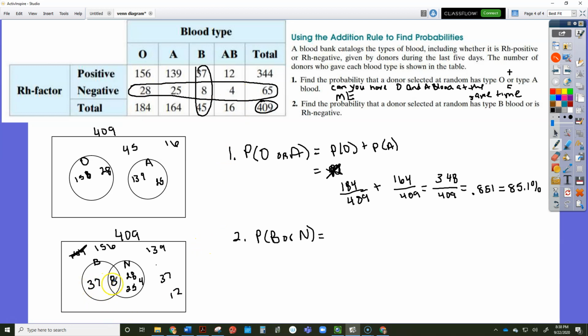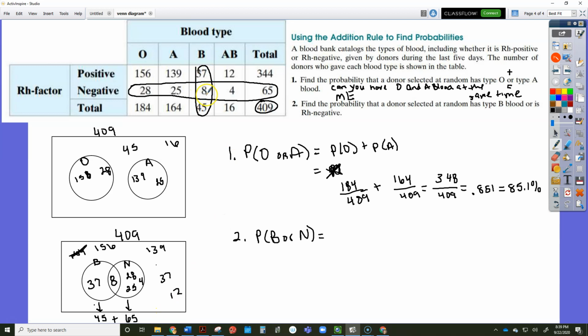If I add 37 and 8, and I get 45 right here. This is 45. And I add these two together, or add all of this up, and I get 65. If I add those two up and get 110, that's going to be too much.